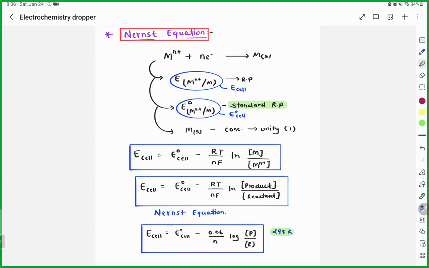No. Only this Nernst equation, because you get most questions from this. Yes, sir, one minute.